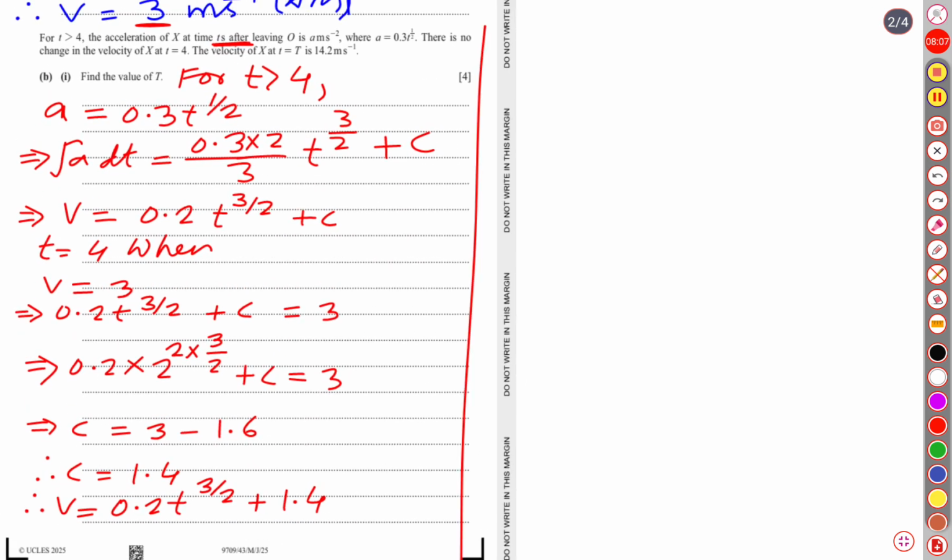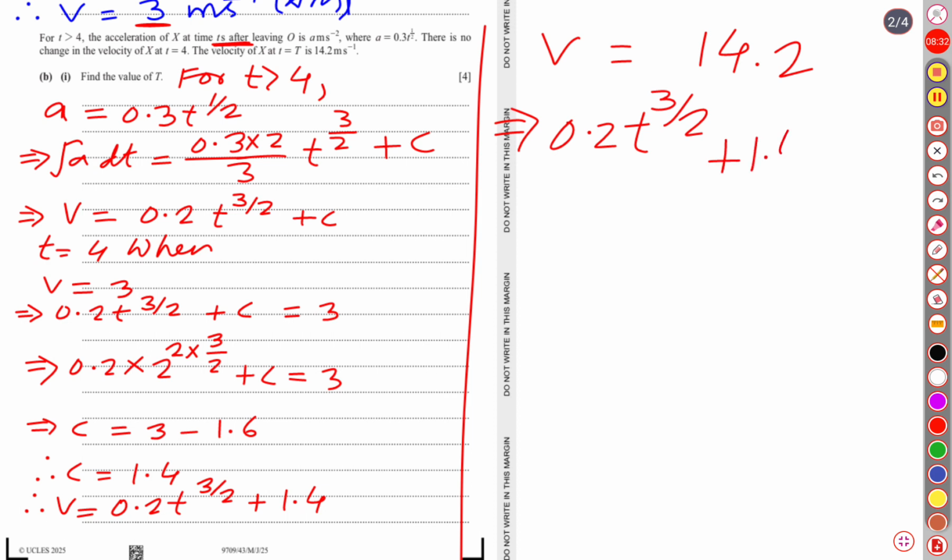They have told that velocity v is equal to 14.2. So let us see what is the time when velocity was 14.2. Our expression is 0.2 t raised to 3 over 2 plus 1.4 is equal to 14.2.